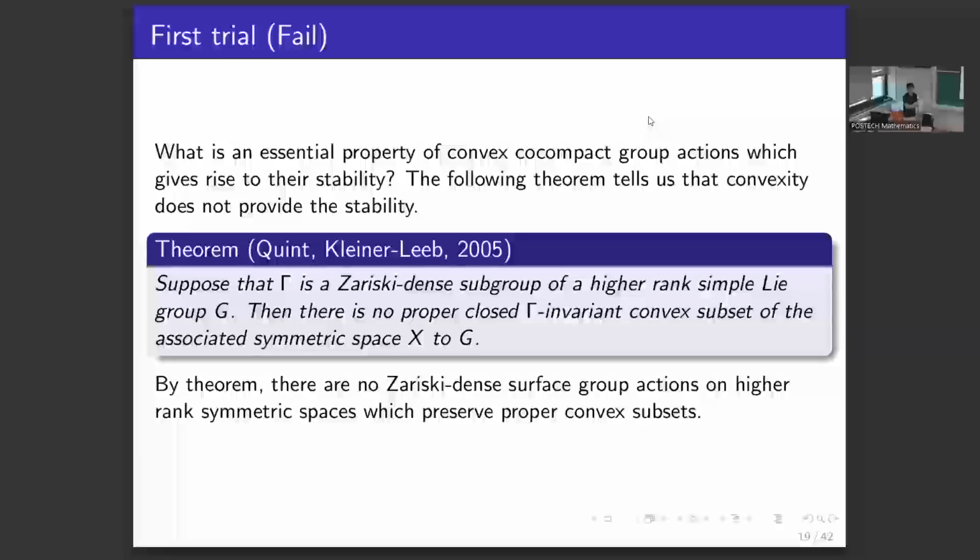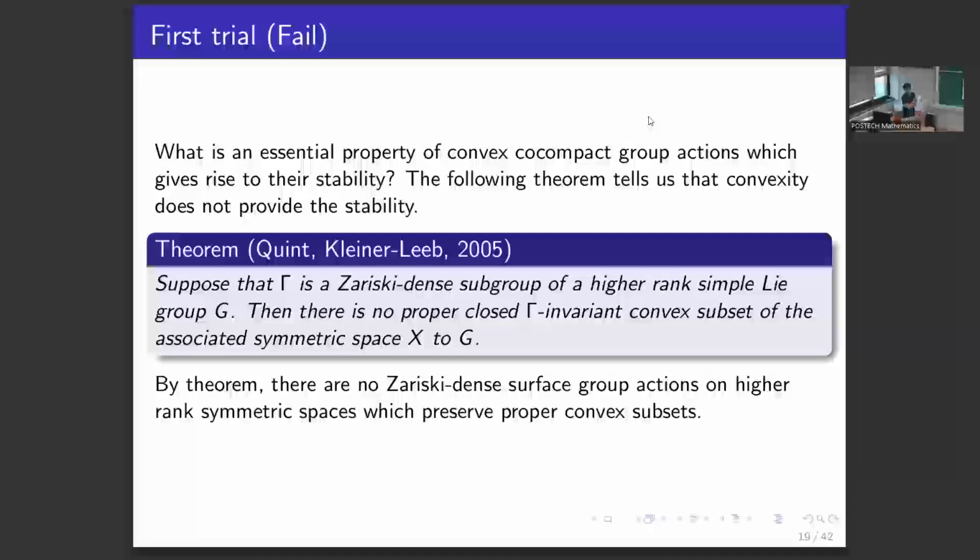So that means that if you have some convex cocompact group action on a higher rank symmetric space, then the action is just a cocompact action. I mean a cocompact lattice, or some kind of cocompact lattice, acting on some totally geodesic subspace of the symmetric space.